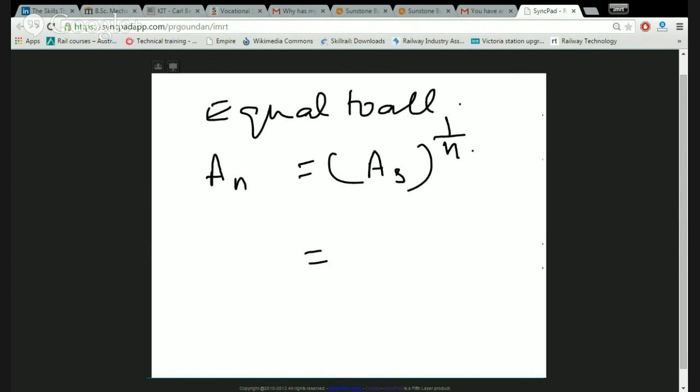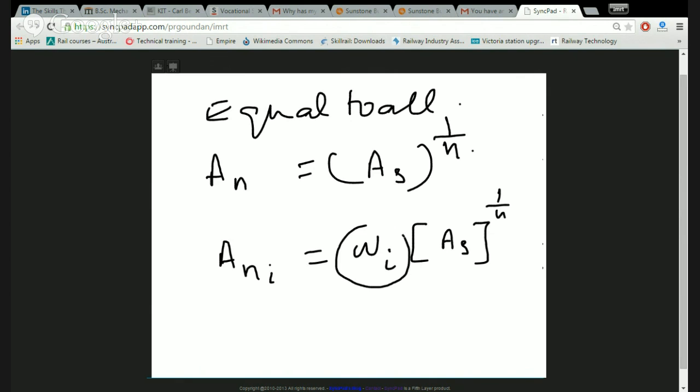Then you give a weighting factor: A_i equals W_i times AS to the power 1 by n, not equal, but something else. This weighting factor will also be given to you, depending on past experience.